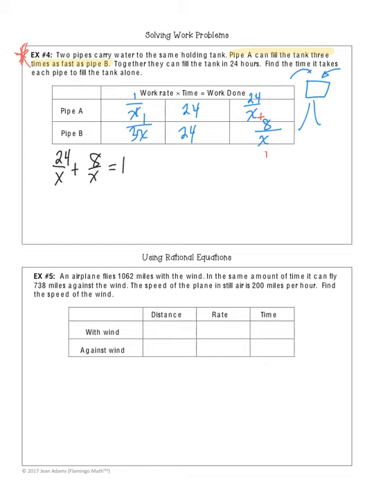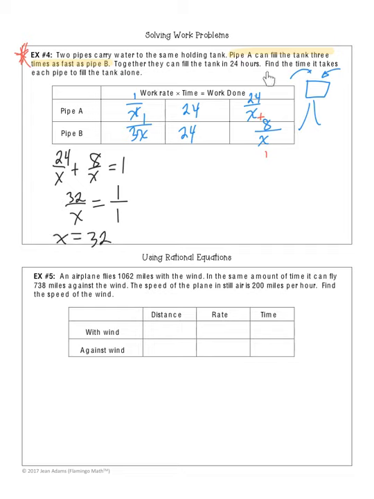Because these both have x's, I could multiply everything by x, and that's fine, but I could also add these two together and just cross multiply and make it a proportion. That's what I'm going to choose to do this time. So 24 plus 8 is 32 over x, because remember, you don't add the denominators, you just add the numerators since they have the same denominator. And I'm going to make this equal to 1 over 1, and cross multiply, I get x equals 32.